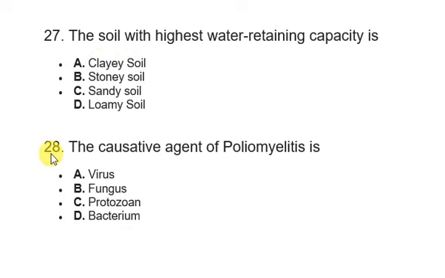Question 28, which is also the last one for this video tutorial, section 2, year 2014. The causative agent of poliomyelitis is, I believe you've heard of poliomyelitis before. Okay, it's a virus. Yes, the causative agent of poliomyelitis is a virus, and it is mostly transmitted through contaminated water, contaminated food, or contact with somebody that is already infected. And not all people who get infected with poliomyelitis will become sick or have symptoms.